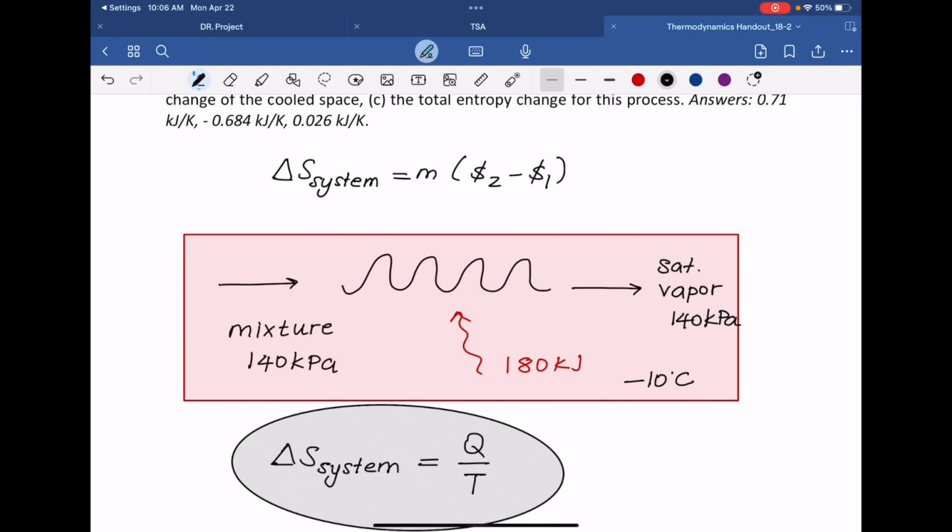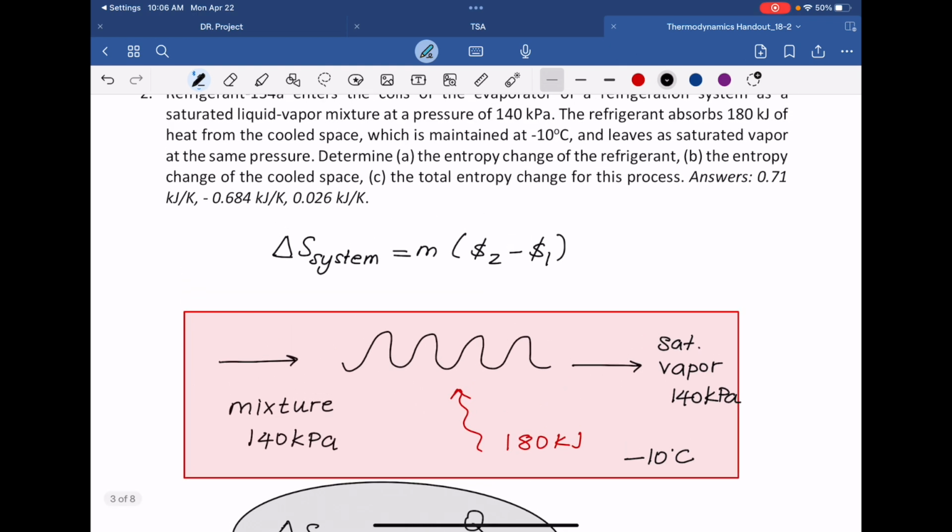Now, first of all, let's remember certain things. Within our universe, which is accepted as an isolated system, if we want to find the total entropy change of the overall process, we need to sum up all the entropy changes of each subsystem to find the total.